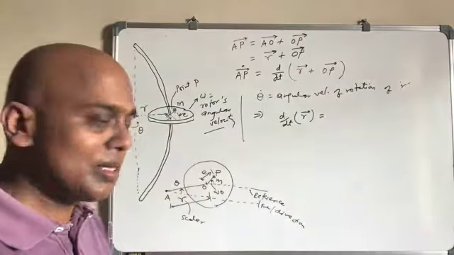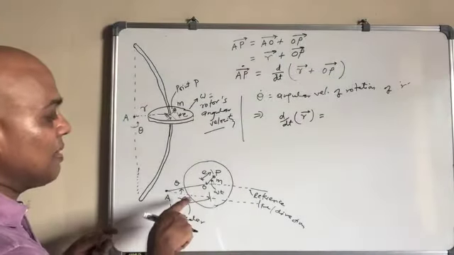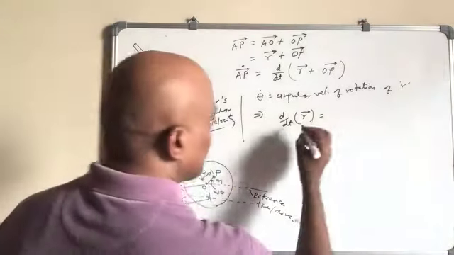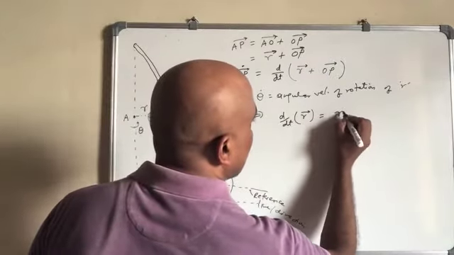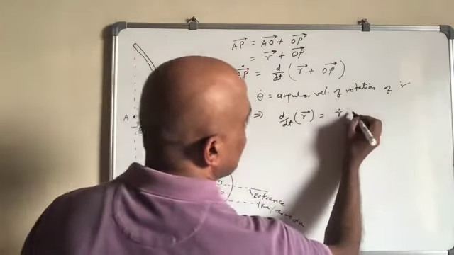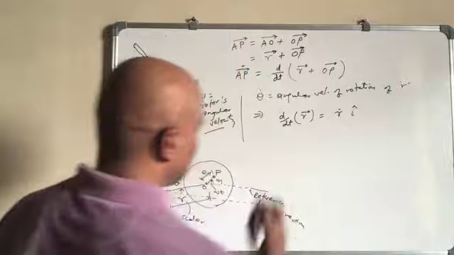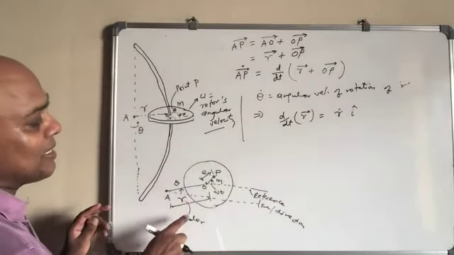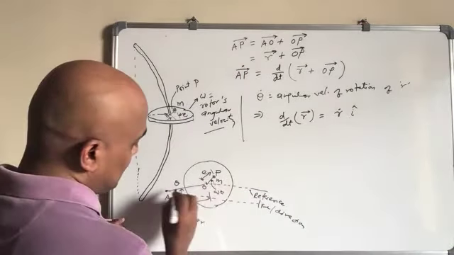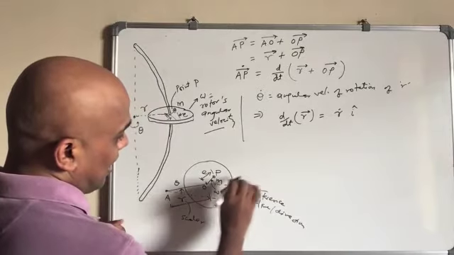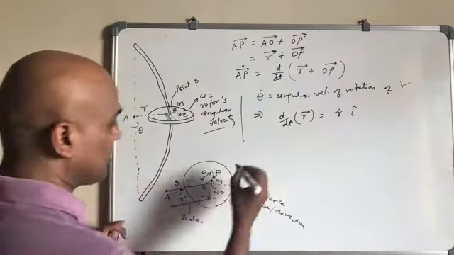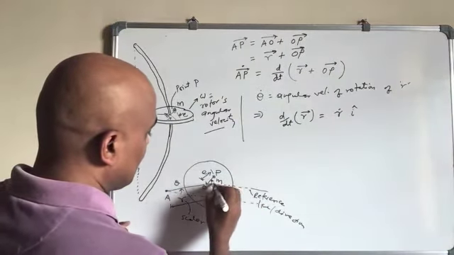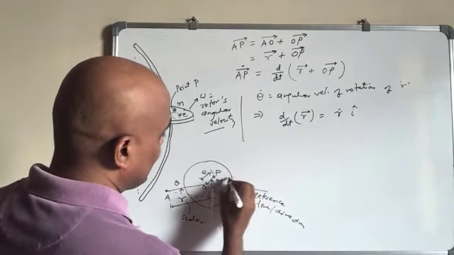One will be R dot, in direction I, which is along R basically.